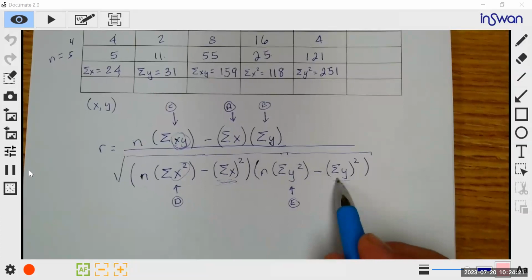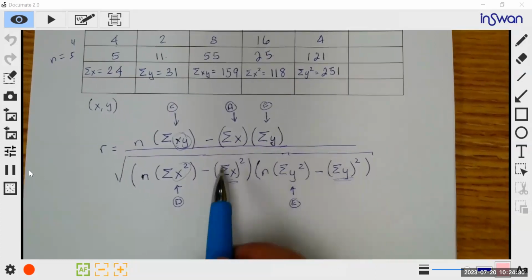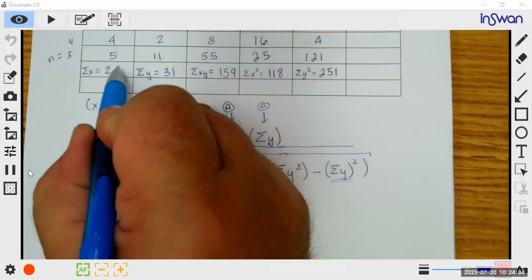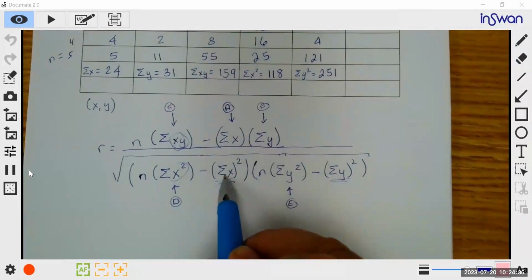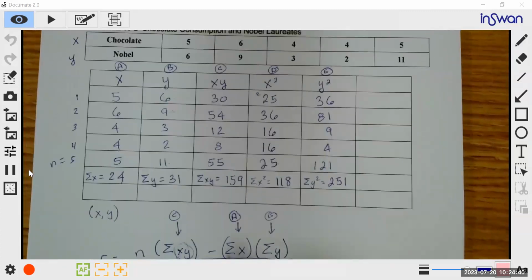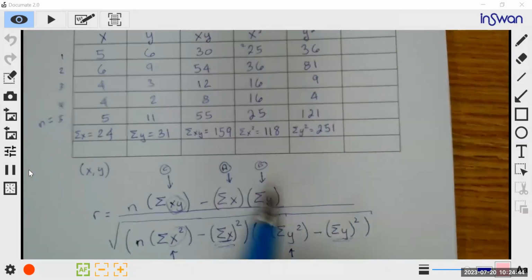Do we have to create those columns? Why not? Well, we have the summation of x. All we have to do is square it. Whatever this number is here, I put it in there and I square it. This one, the summation of y, is already done too.